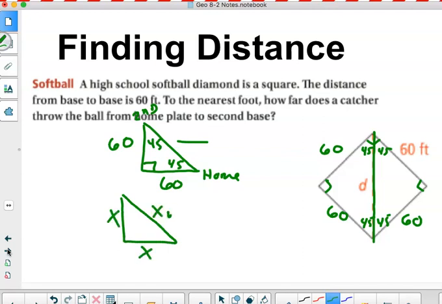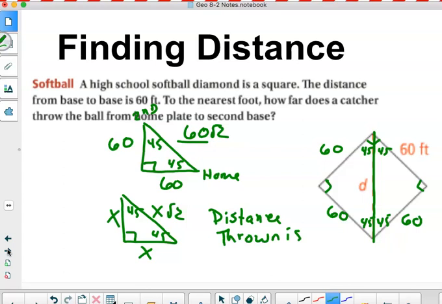X, X, X the square root of 2, and this is 45, 45, and that's 90. This must therefore be 60 the square root of 2. How far does a catcher throw the ball? Well, the distance thrown is 60 the square root of 2.